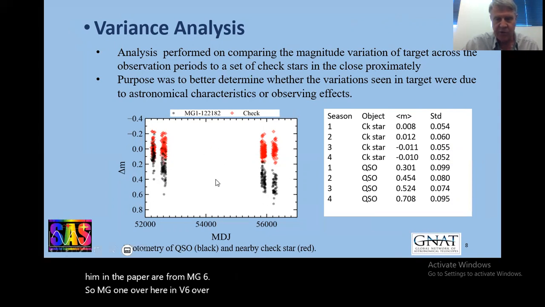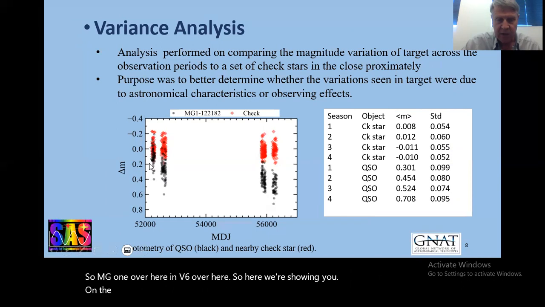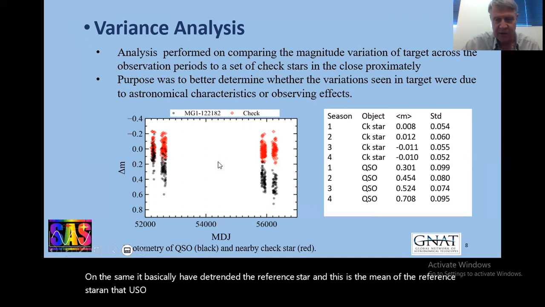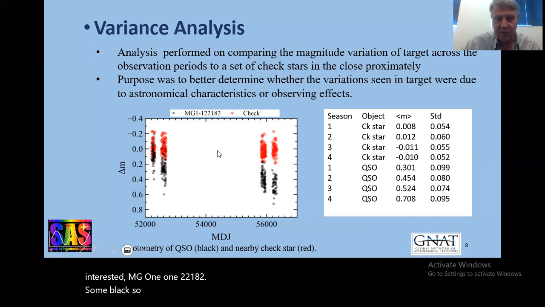Here we've detrended the reference star, and this is the mean of the reference star, and the QSO is set off of that. Here's the name in the paper if you're interested: MG1 122, 182, and it's in black.